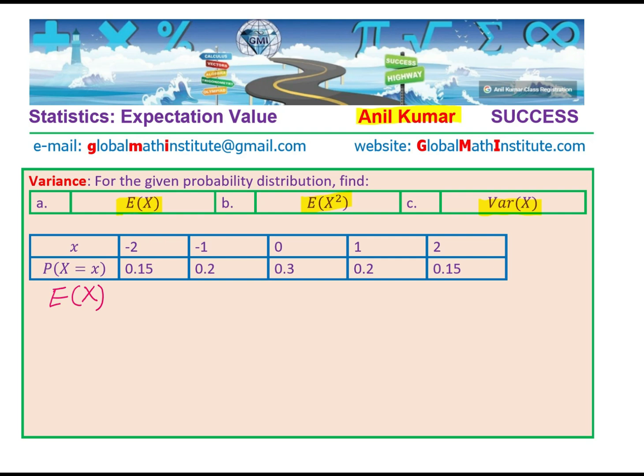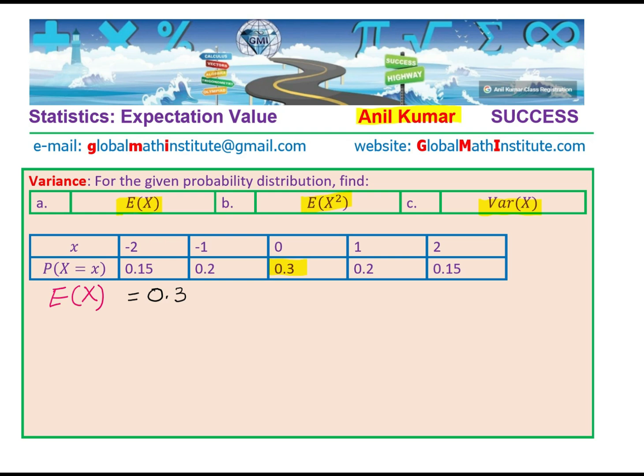For any symmetric distribution, the expected value or the average mean will be the value given here, which is 0. Now, this is also a concept in itself which you need to understand. So first part is done for us.